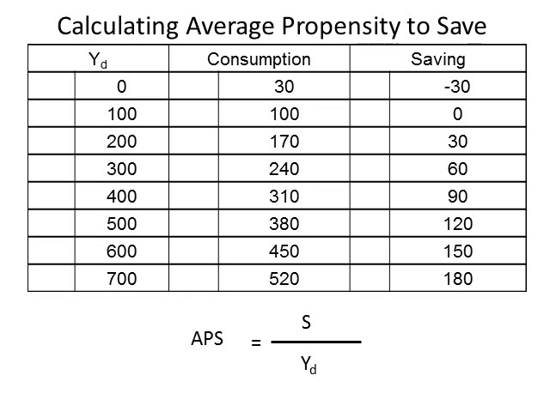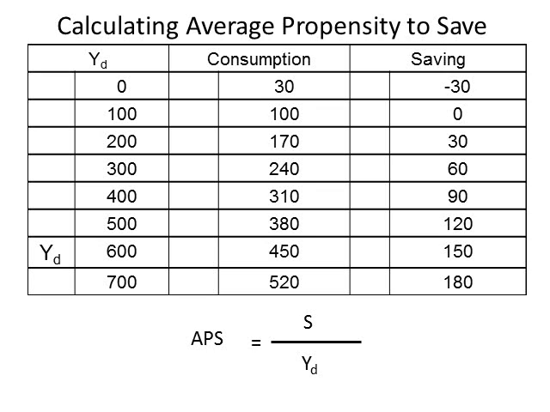Our first step is to write down the formula: APS, the average propensity to save, is equal to S, savings, divided by Y, income. Our next step is to select a particular level of income to calculate the average propensity to save.